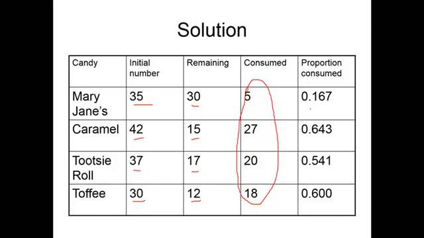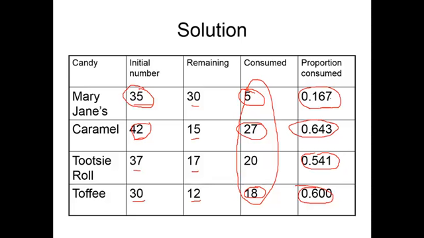This column, which we get by taking 5 divided by 30, tells us that 16.7% of the Mary Janes were consumed, while 64.3% of the caramels were consumed, taking 27, the number consumed, by the number we started with. 54% of the Tootsie Rolls were consumed. And again, 18 divided by 30, 60% of the toffee was consumed.